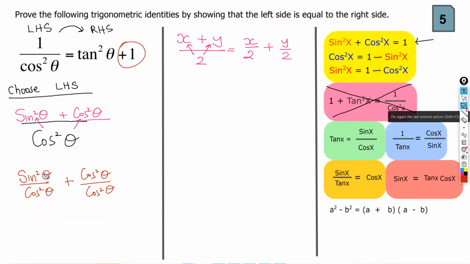So if we have sine squared divided by cosine squared, guess what we will get? We will get tan squared plus, and when you divide this, you get 1. Hence, it is proven. Right, so take down the work in there.